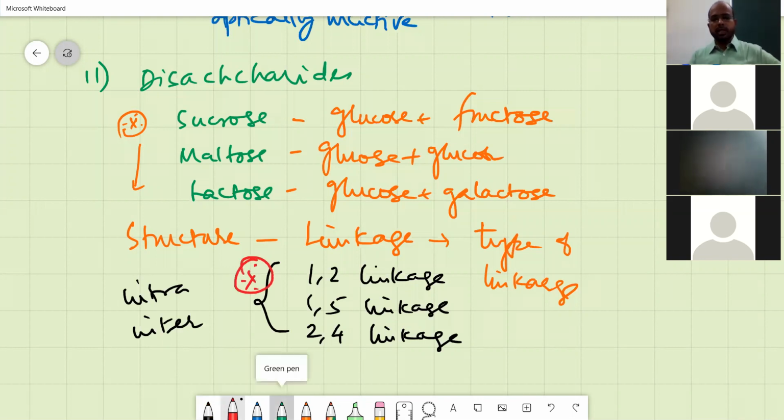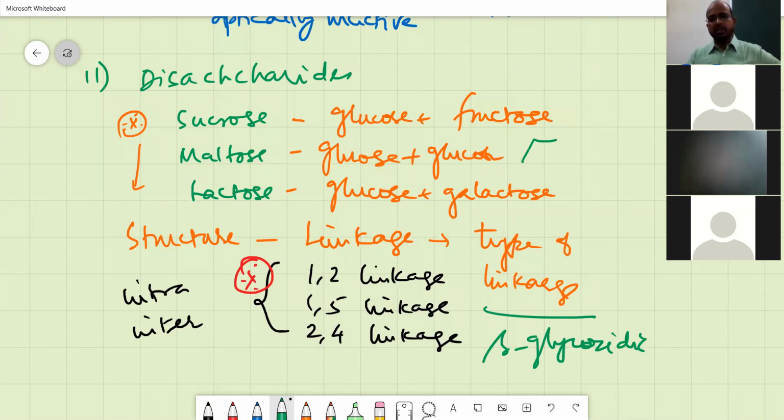In this type of linkage, you have beta glycosidic linkage. I have explained how beta glycosidic linkage is there by means of this hexagonal structure. You have got O there, another O there. This beta glycosidic linkage is this one.